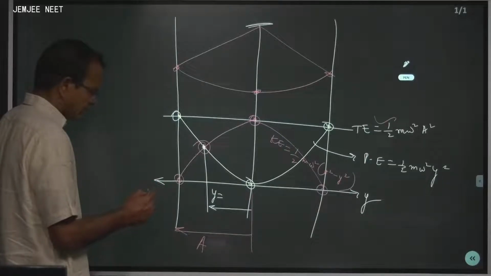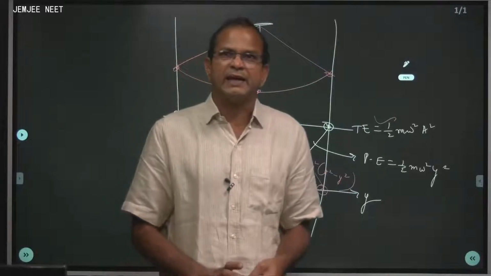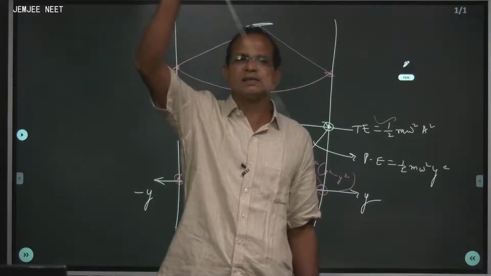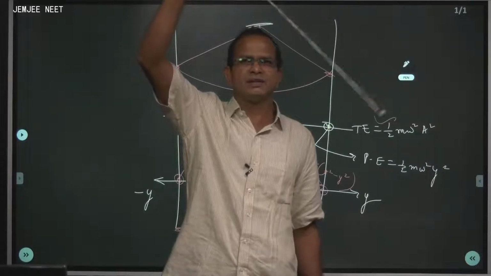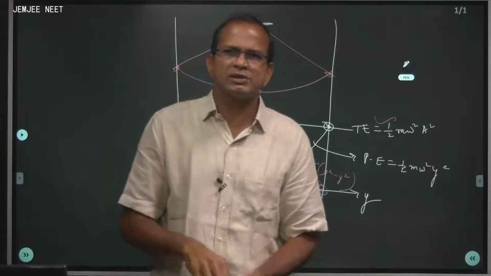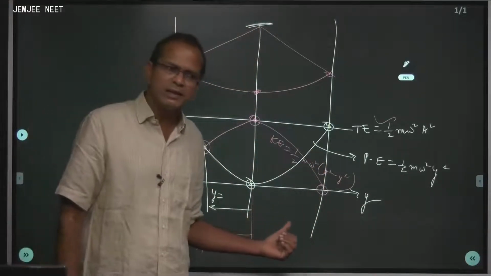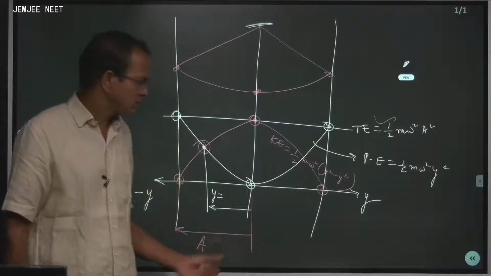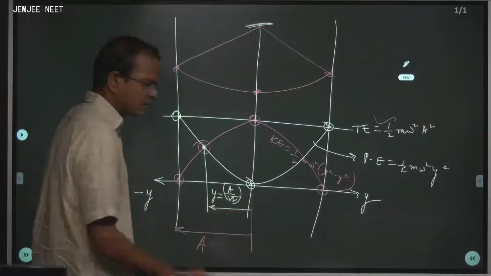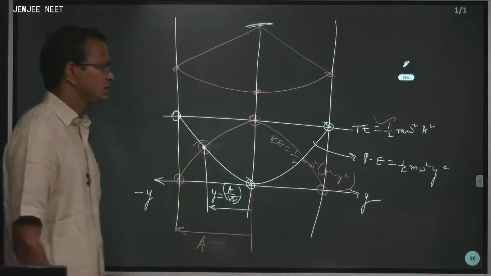A simple pendulum is oscillating with amplitude a, say 10 centimeter. Where are the kinetic energy and potential energy equal? A by root 2, sir. Yes, a by root 2. Very good. A by root 2 is the point where kinetic energy and potential energy are equal. Got it?